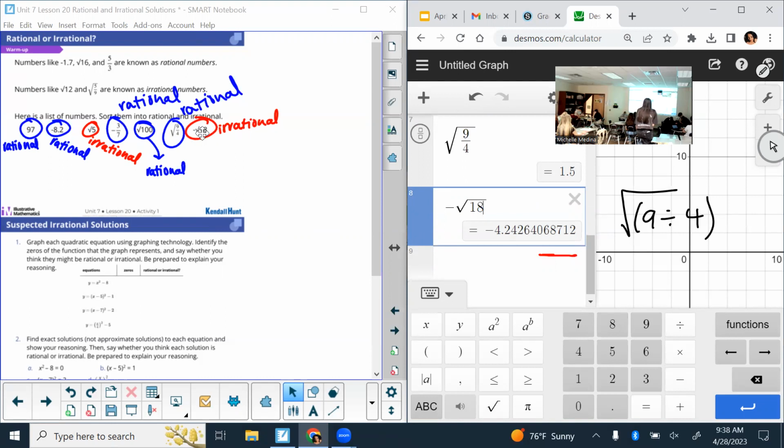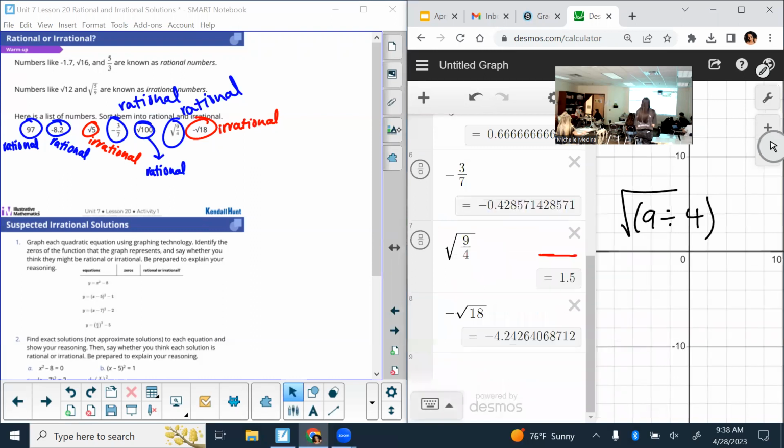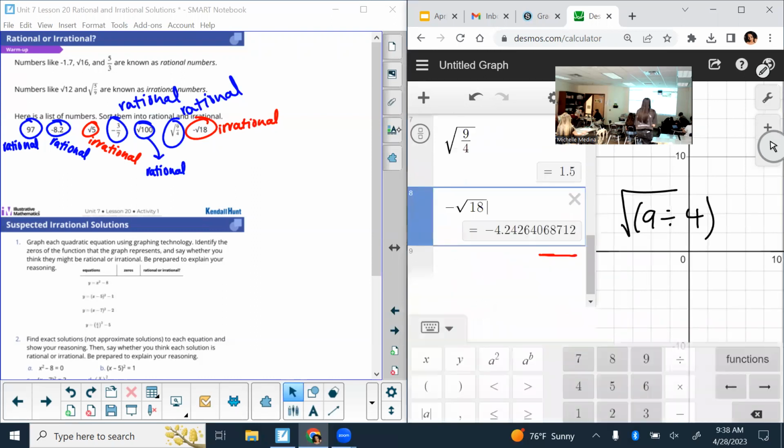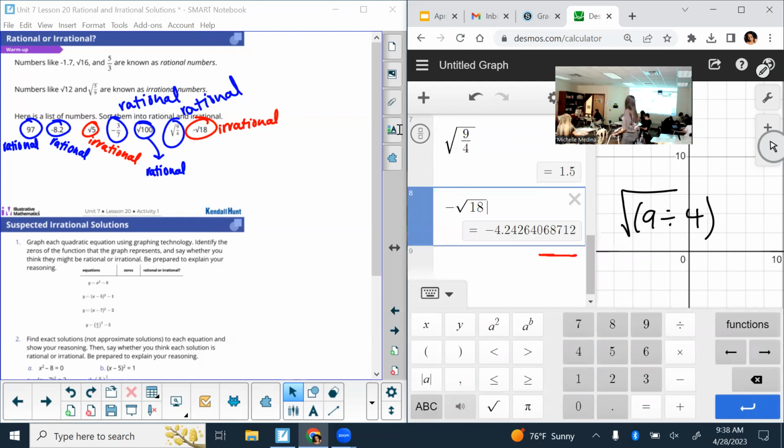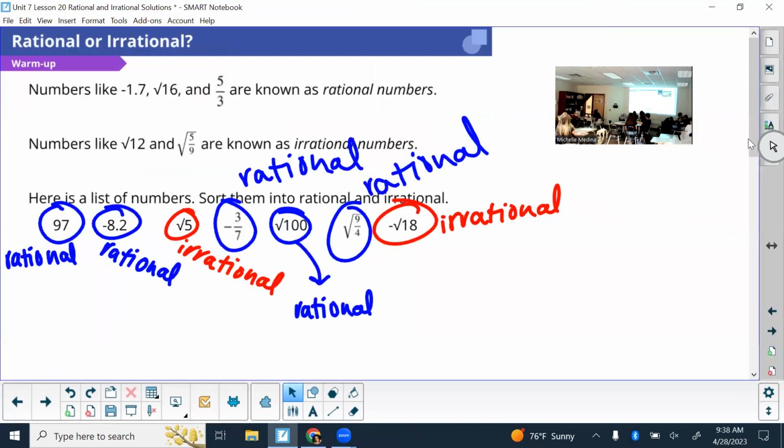For the negative part of this, some people might think that it's no solution, but since the negative is outside the square root symbol, it just goes after you take the square root of it. So it's not no solution, it's this, but negative. So questions on that? Good.